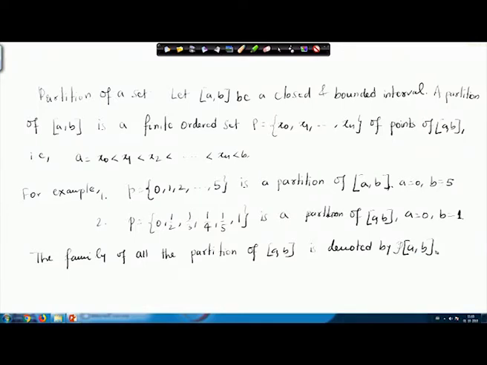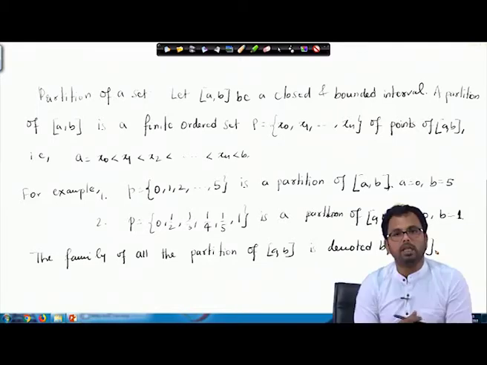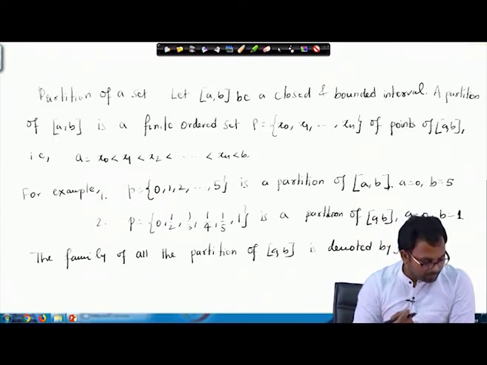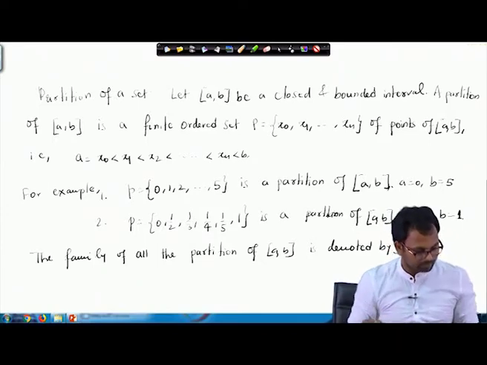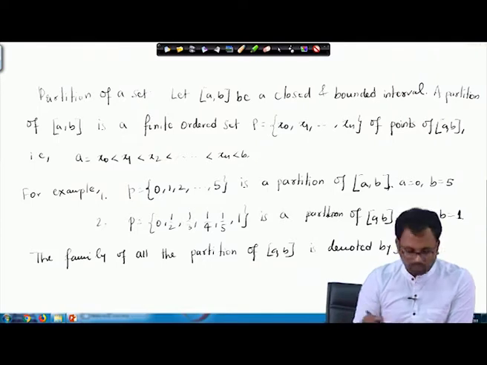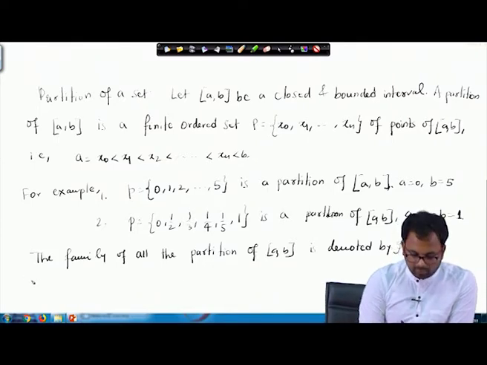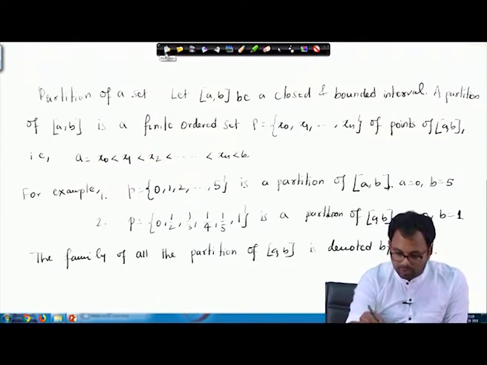Of AB. So, this is basically the family of all partitions of the closed interval A comma B. Now, let me go to a new page.